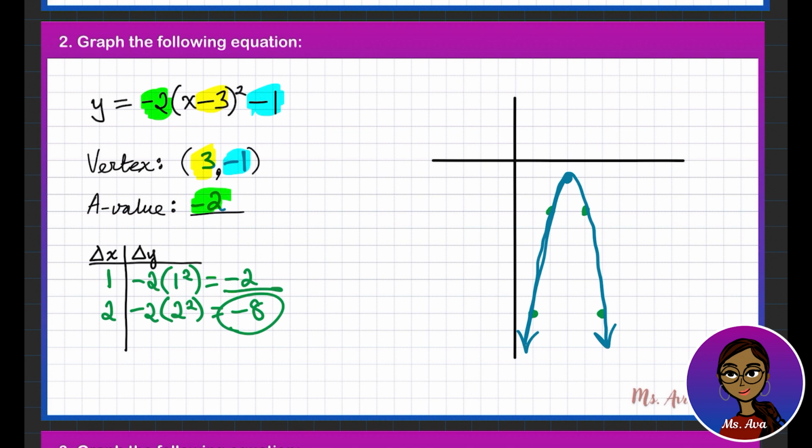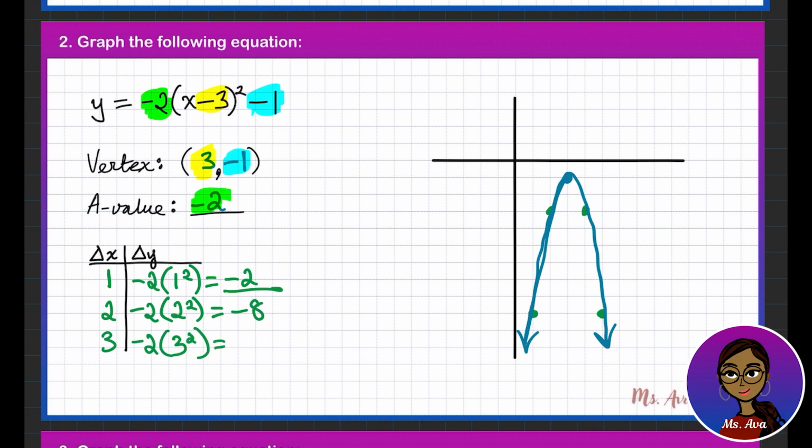Okay, what do you think I would have to do if I wanted to go 3 over to the right and left of the vertex? Then what would be the number? So then would you just put a 3 in the delta x? Yes. And then would you do negative 2 and then 3 squared?